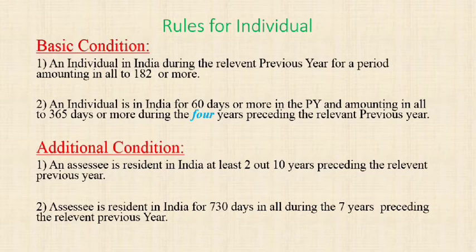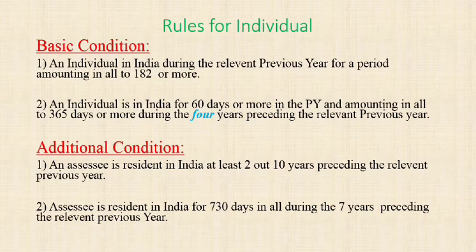Our previous year is from 1st April 2019 to 31st March 2020. During this period, if he or she has stayed in India for 182 days or more, he has satisfied the first basic condition.